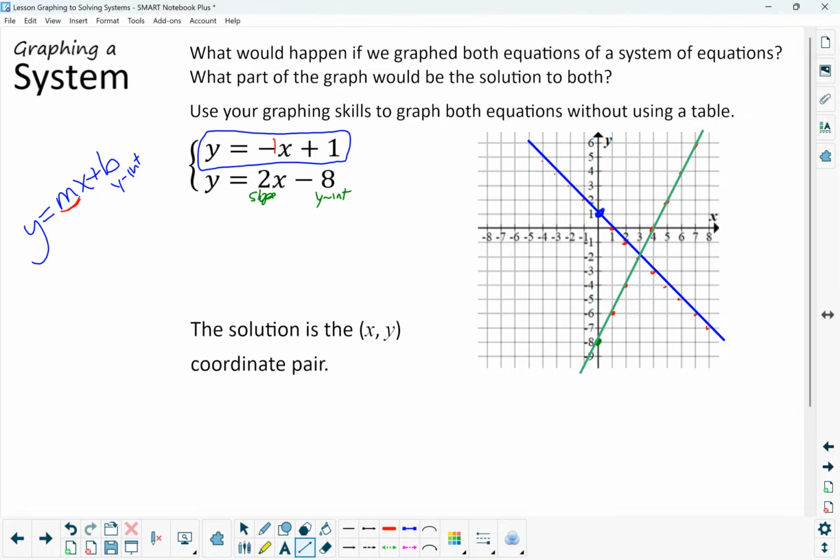Okay, so we want to find the solution to this system, and the system solution is a coordinate pair x, y that is true for both of these equations.